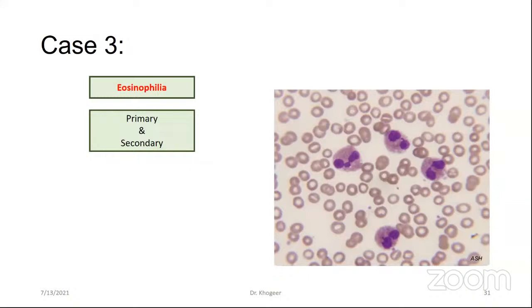Eosinophilia also can be short-lived or prolonged. In most cases, short-lived eosinophilia is mainly due to many potential secondary causes. In cases of prolonged eosinophilia, especially at a high level, it is usually associated with a potentially primary eosinophilic disorder.